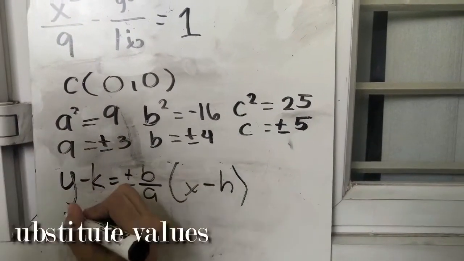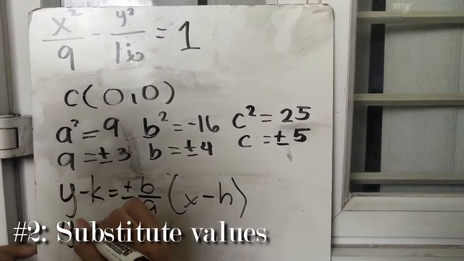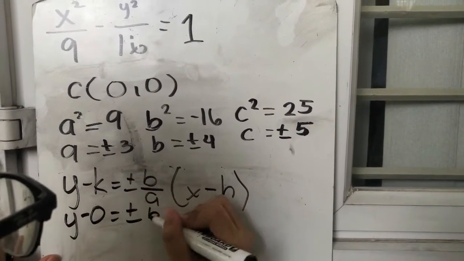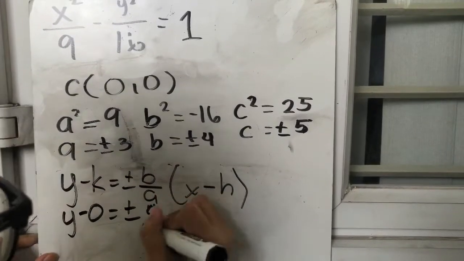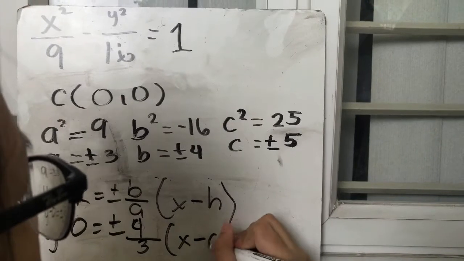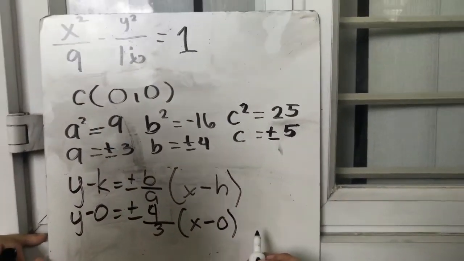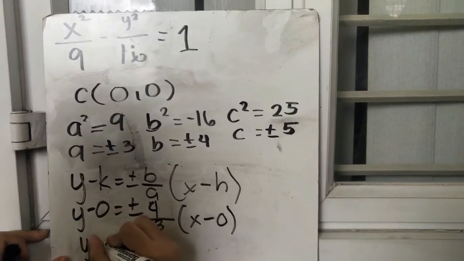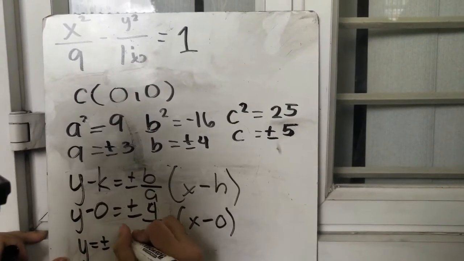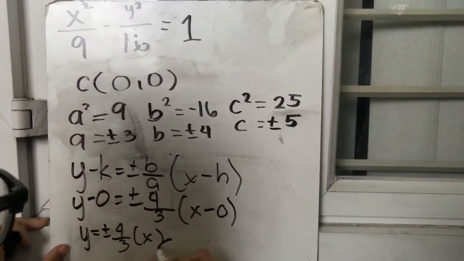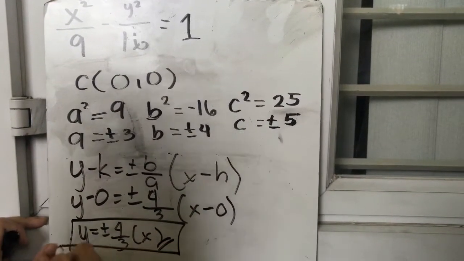Change all the variables to their values: y minus 0 equals positive negative 4 over 3 times x minus 0. The value of the center is 0, so we will disregard it. It becomes y equals positive negative 4 over 3 times x, and that's the answer to the asymptotes.